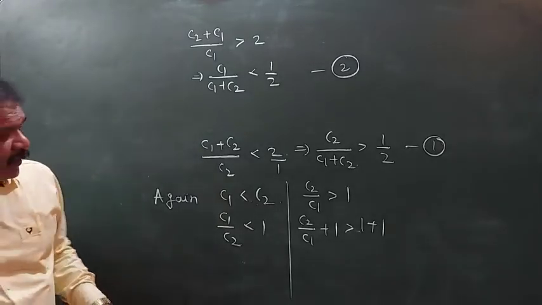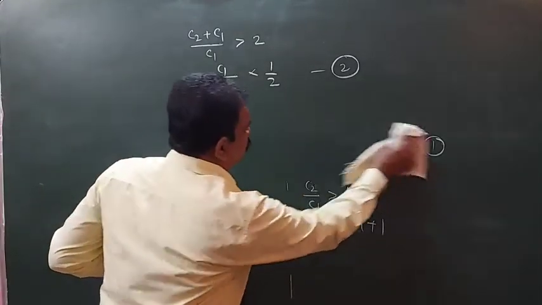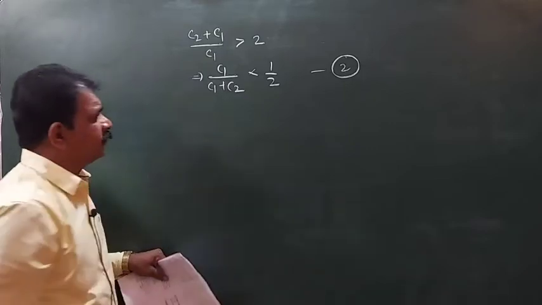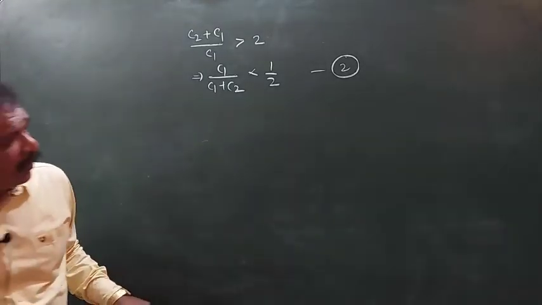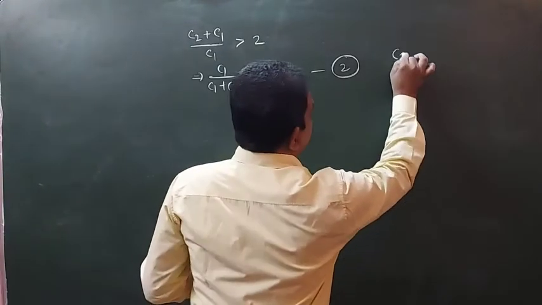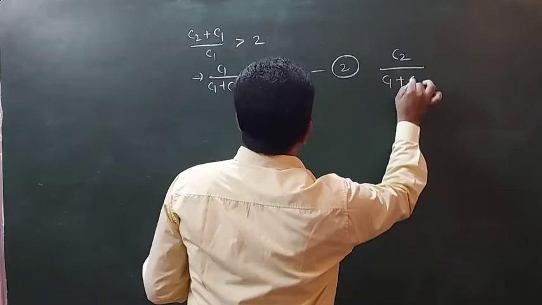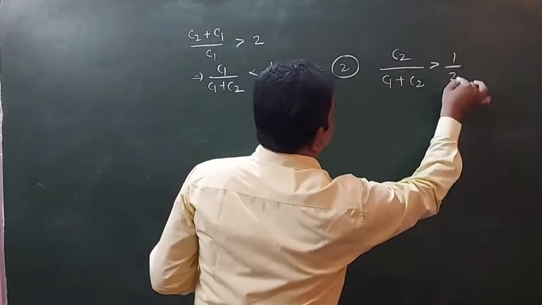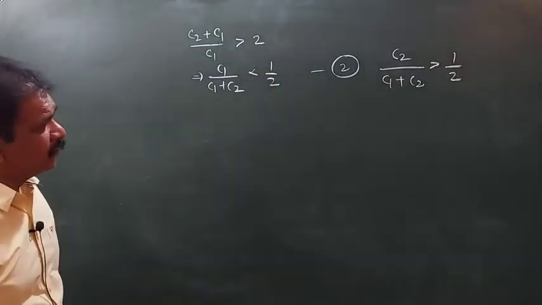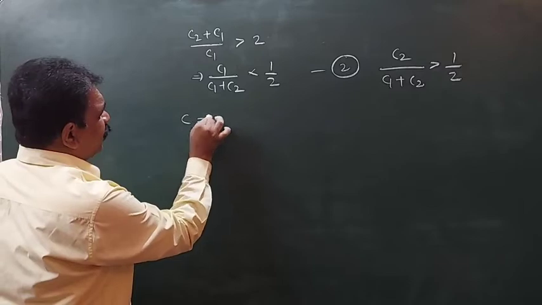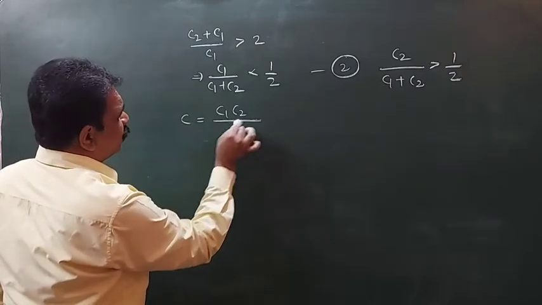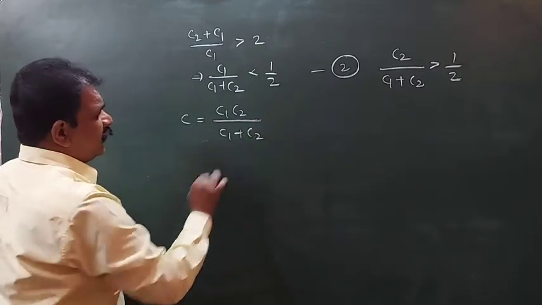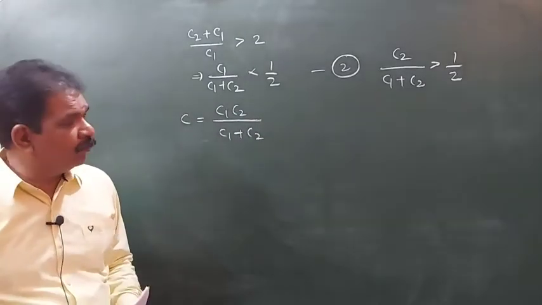So, in series, what is the effective combination? We got equation 1, C2 by C1 plus C2 greater than 1 by 2. The effective capacity is C1 C2 by C1 plus C2.